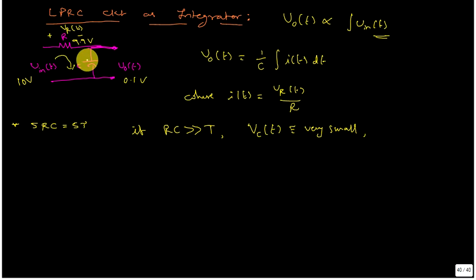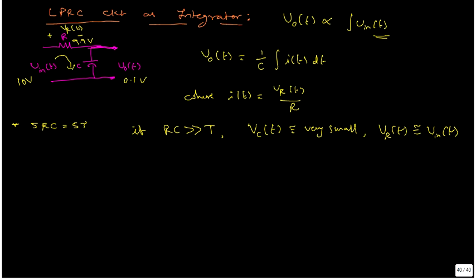According to KVL, the total input voltage should drop across the elements in the loop. So from this we can say the entire voltage VR of t is approximately equal to V in of t. If RC is very large, the entire input is dropping across the resistor. This is important.